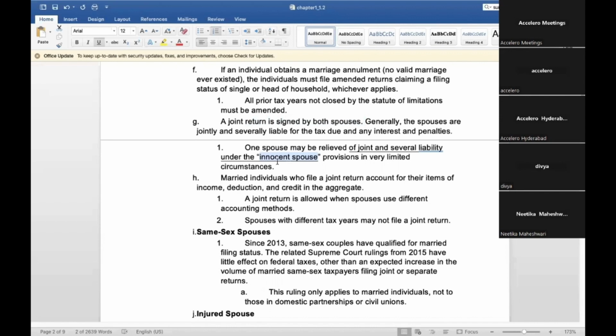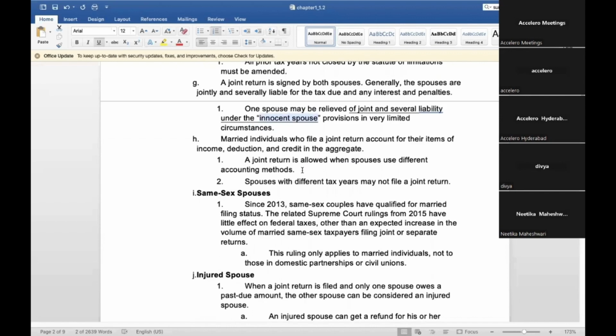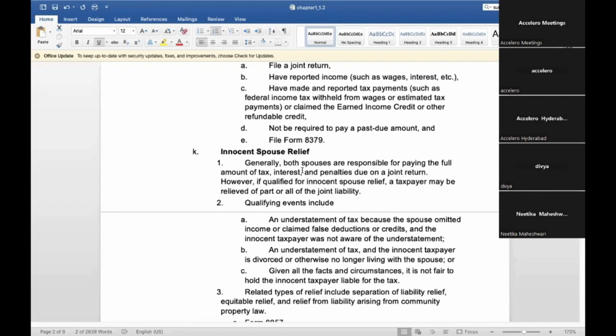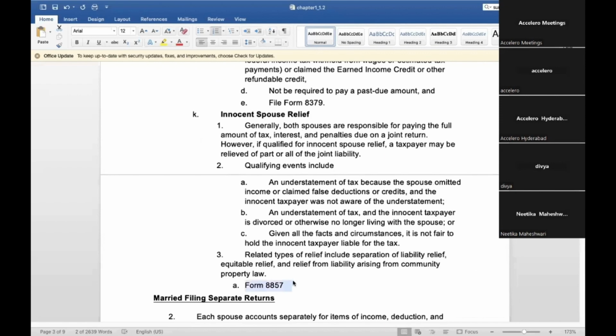So there's innocent spouse relief, which is Form 8857. We can file it with the IRS and say, I'm the innocent spouse, we don't know what's going on. There was a possible understatement of tax or some false deductions or credits claimed, so give me the relief. In that case, the IRS will go for the recovery of taxes and will go after the other spouse.